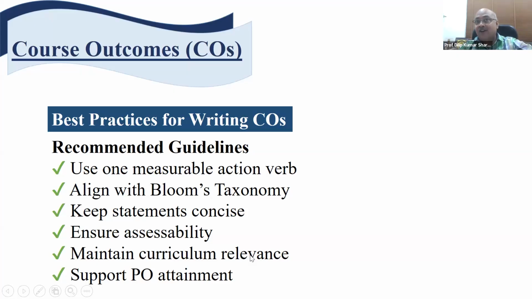A course outcome is for a specific subject course, so there should be relevancy, not hypothetical writing. And finally, it should support program outcome attainment, because your questions, quizzes and assignments, all activities will be mapped with the COs, the CO-PO mapping.